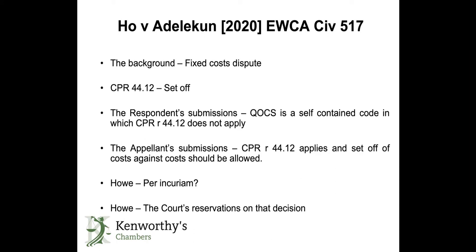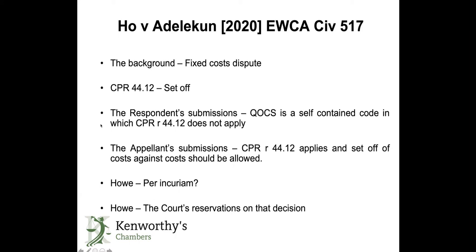And in Ho and Adelaken Part 1, we had an issue regarding whether the claimant was entitled to standard basis costs to be assessed, or whether in fact they were only entitled to costs that were fixed. So that was the issue that we had to deal with in Ho and Adelaken Part 1.